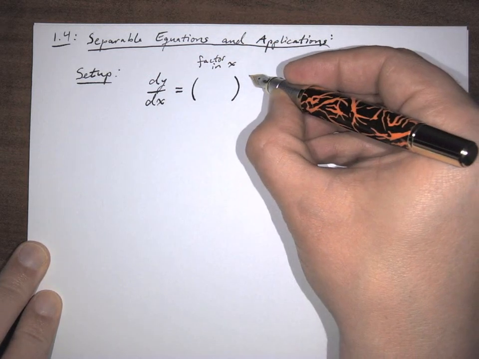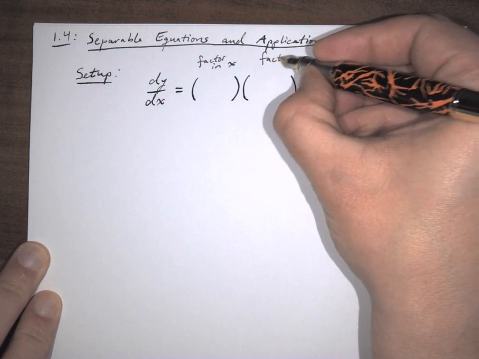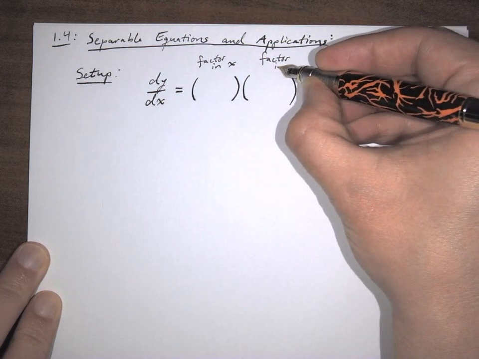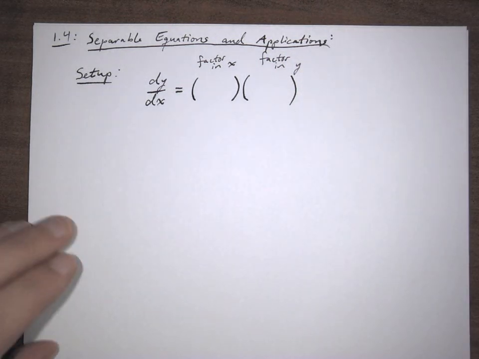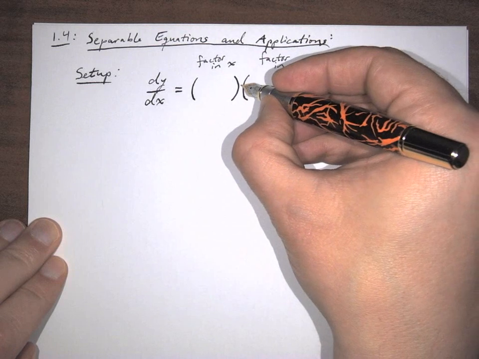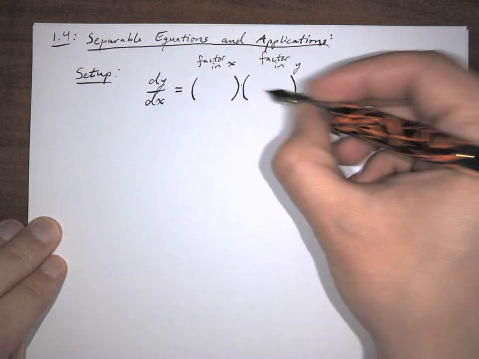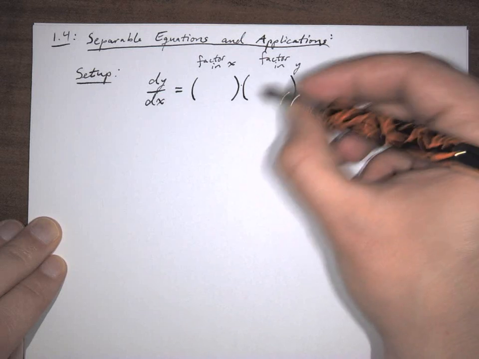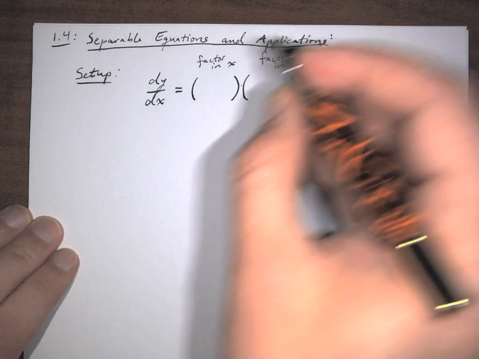It's just a factor in x and a factor in y. And the reason why we want to be able to break it into some sort of factorization like this, where there's one piece that only involves an x and the other piece which only involves a y, is so that we can then do what is called separating the variables.